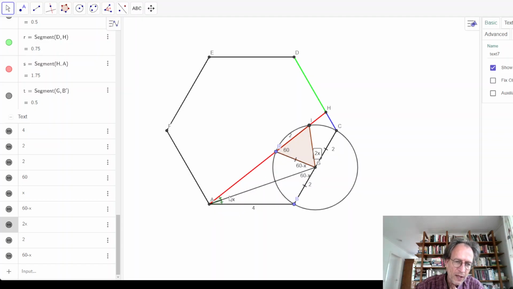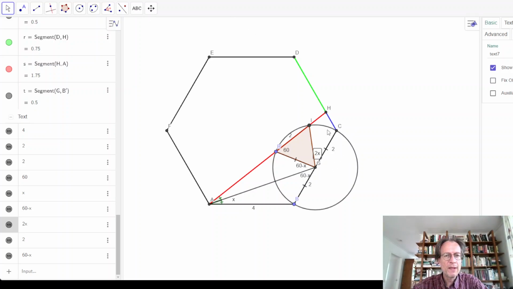Because it also has here an angle 2x, it has here two angles of 120, and on this side we have 120 minus 2x. So those two kites are similar, and since this side is 4 and this is 2, we know that the proportionality factor between them is 2.